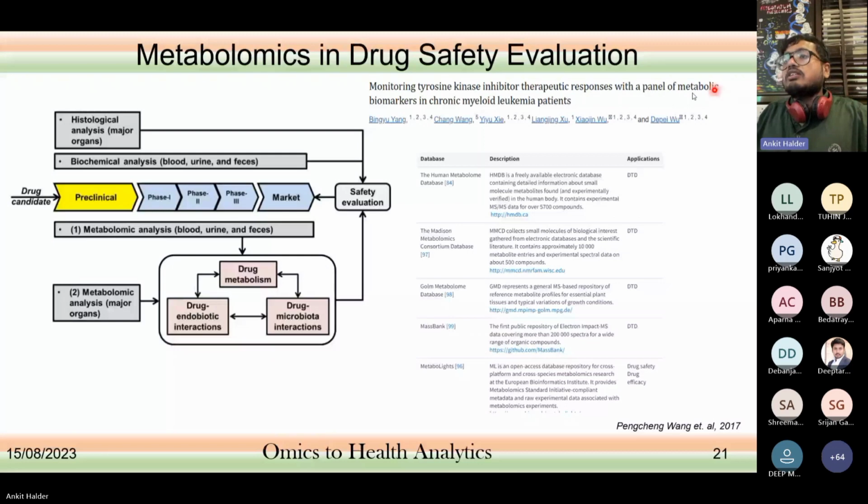And these are some of the resources, like the Human Metabolome Database and MassBank of metabolites, which are repositories where you can find different metabolomics-based studies.